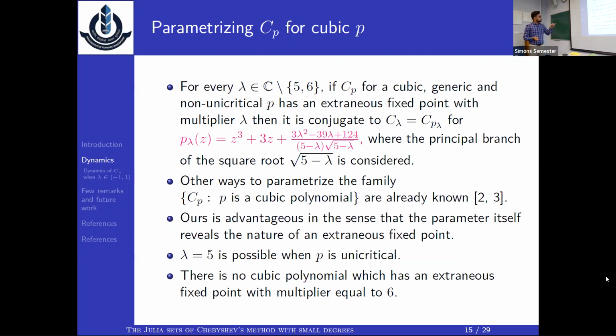We are removing these two possibilities because for the unicritical case the multiplier of all extraneous fixed points is actually 5, and there is no Chebyshev method whose extraneous fixed point has multiplier 6. So apart from 5 and 6, the polynomial can be made, and any Chebyshev method having an extraneous fixed point with this multiplier can be conjugated to C lambda, which is the Chebyshev method applied to this polynomial.